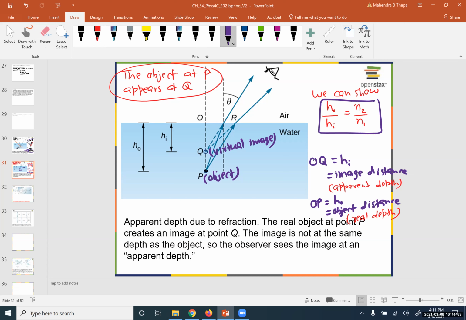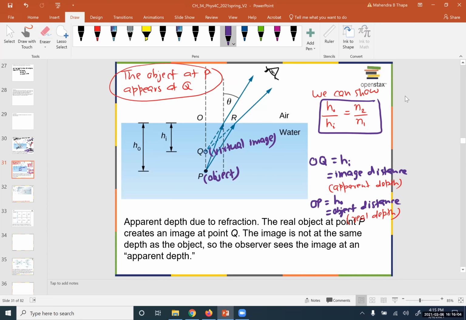Here N1 is the refractive index of the first medium, air.